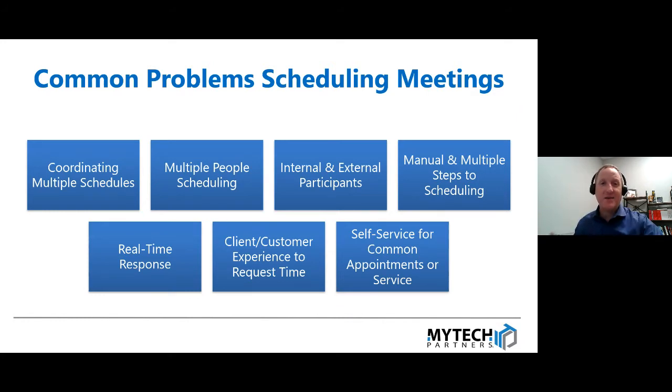Or if a client is trying to request time, maybe they have the ability to schedule it themselves, versus having to request it and go back and forth. So there are multiple ways we're talking about to potentially eliminate at least some of the manual tasks associated with scheduling meetings.